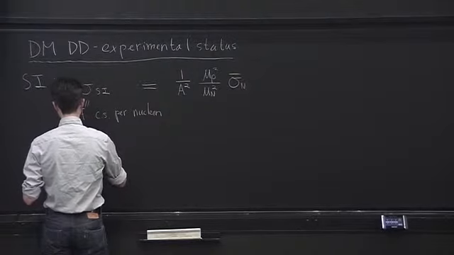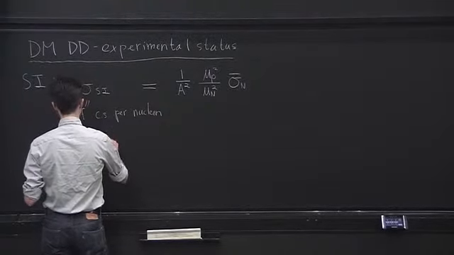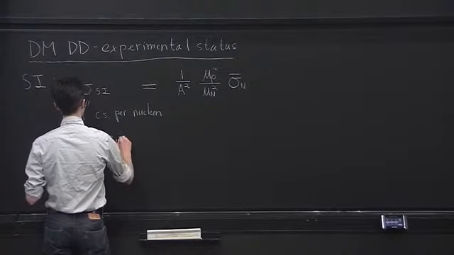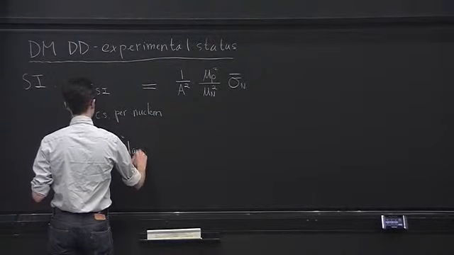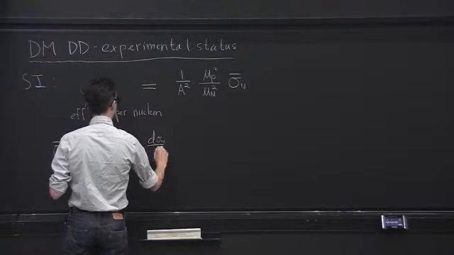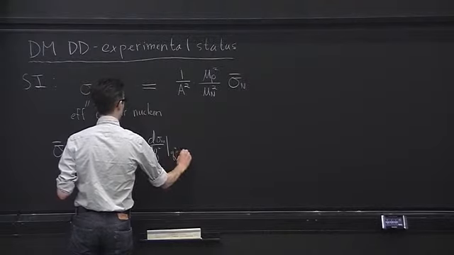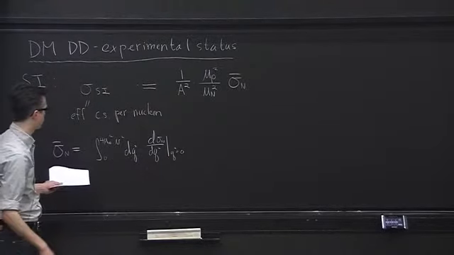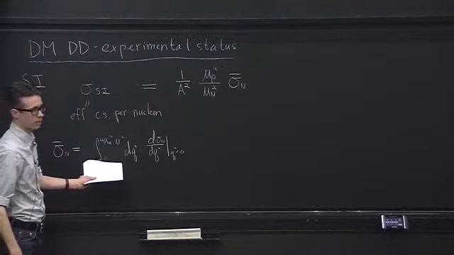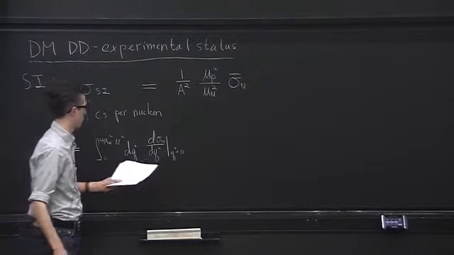But we define an effective cross-section, a cross-section with a bar, as just an integral over the full kinematic range, 4 mu n squared v squared dq squared of just d sigma dq squared, but specifically at q squared equal to 0. So this isn't actually the total cross-section. We've gotten rid of the form factor, and we've just taken the 0 momentum result.